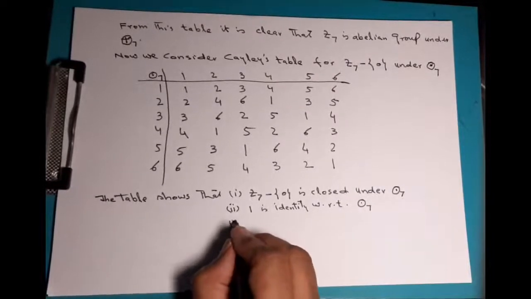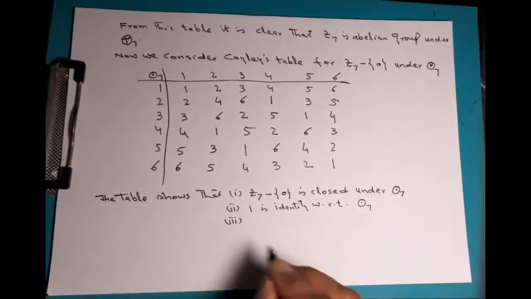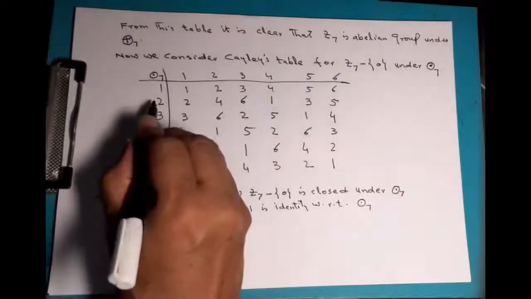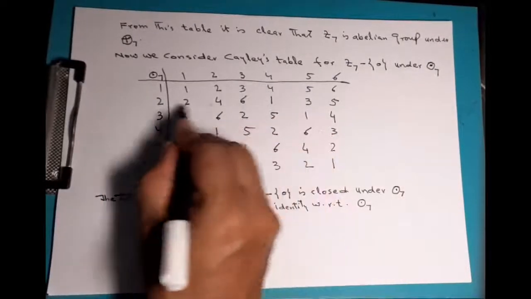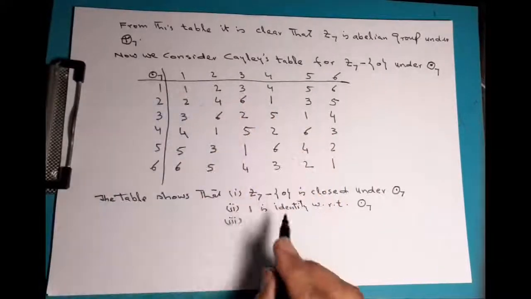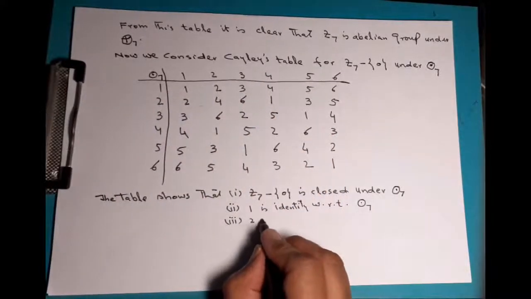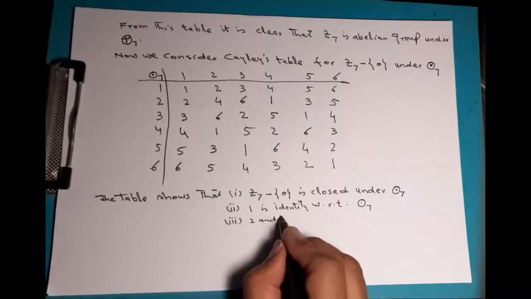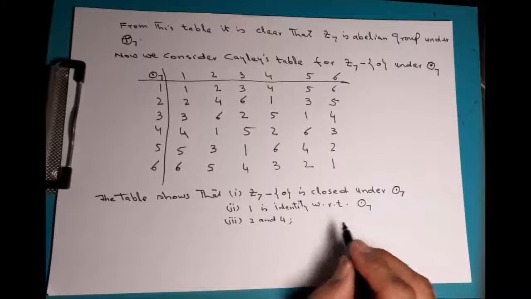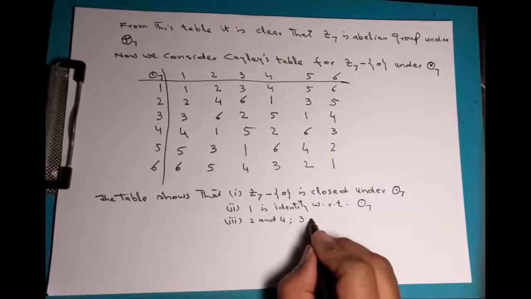And thirdly, about inverses, we know that 2 and 4 are inverses of each other. 2 multiplied with 4 is equal to 1. 1 is multiplicative identity. So 2 and 4. Then similarly 3 and 5.